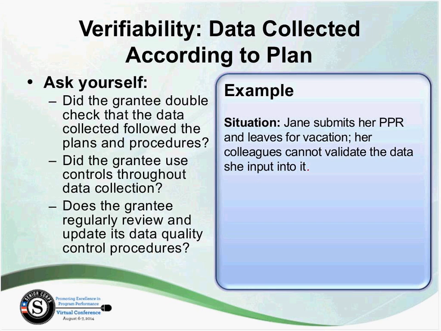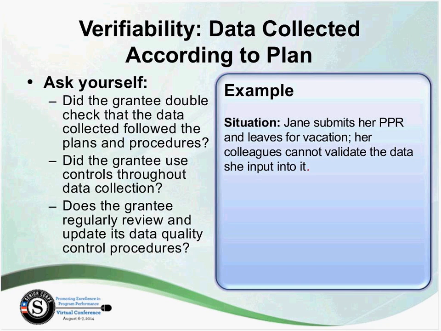How about the last element of effective data collection, verifiability? It's the extent to which grantees have ways to verify that data was collected and reported according to plans and procedures. Though all individuals in an organization are responsible for helping to ensure data quality, verification rests with the grantee representative responsible for confirming that procedures are followed and that accuracy is checked routinely.